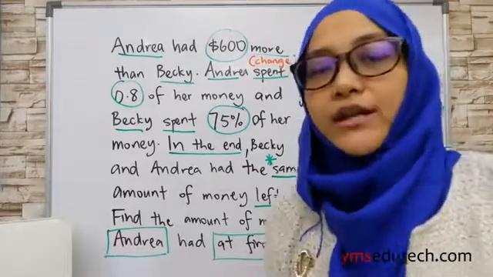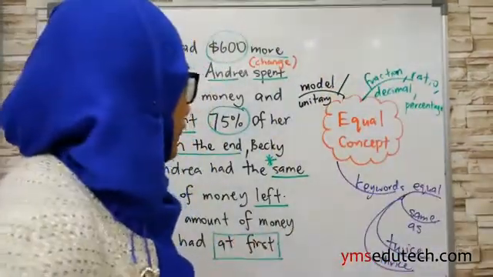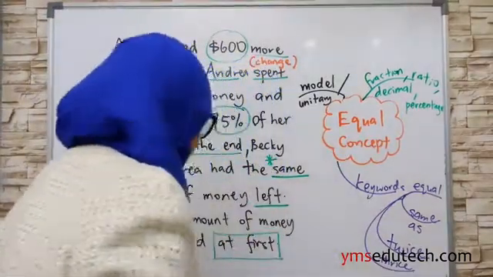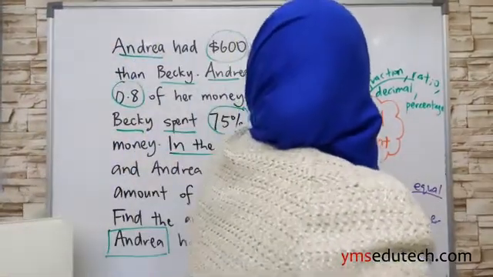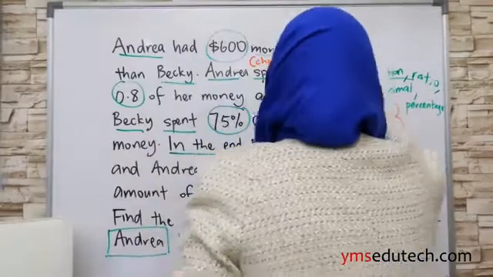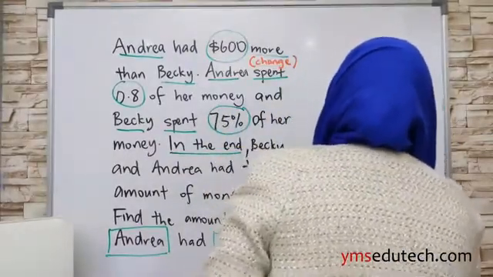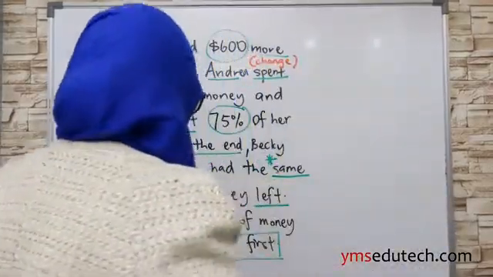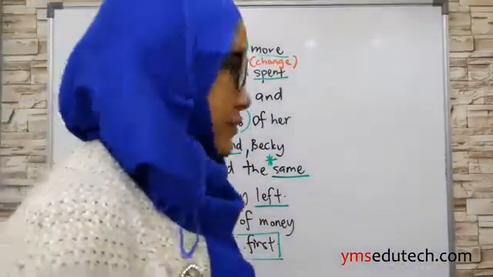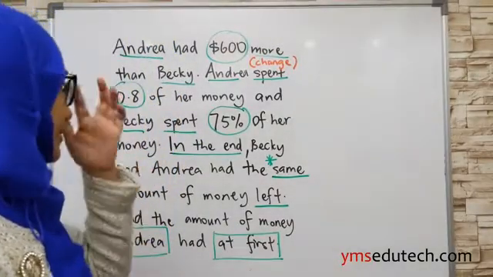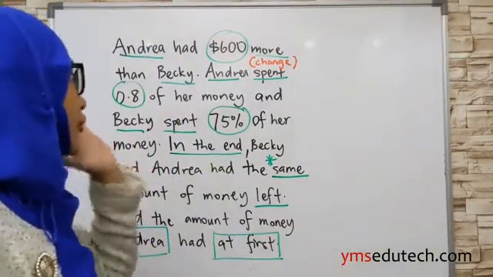Okay, so I'm going to show you how to solve this using model drawing first. Okay, so can I stand here? Andrea had $600 more than Becky. Andrea spent 0.8 of her money.